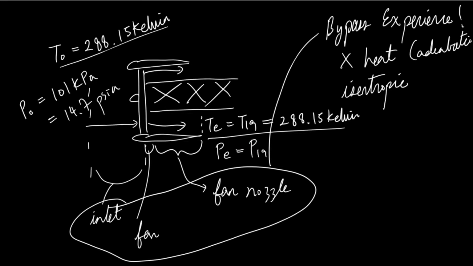So pressure 19 also stays constant, at 14.7 psia. Interesting, huh? The only difference is the incoming airflow. If we say this is like 200 meters per second, then the exit is going to be higher than the inlet velocity.